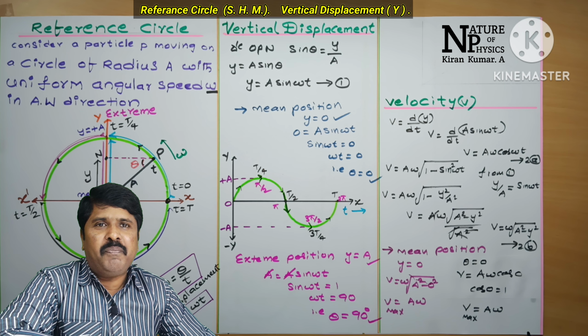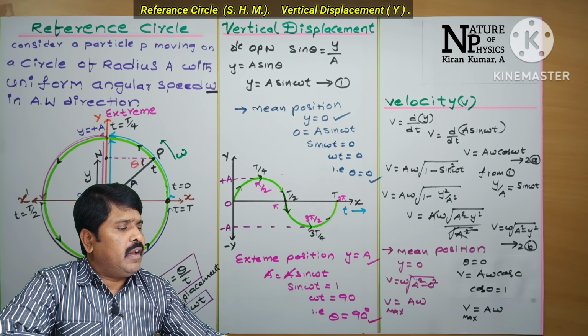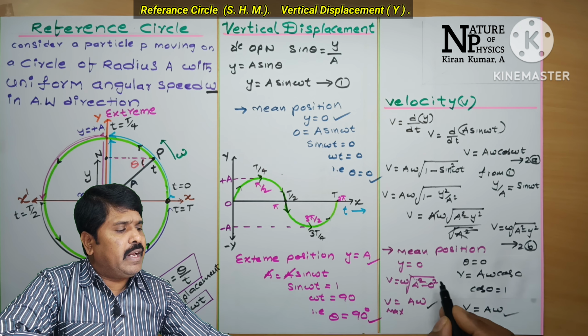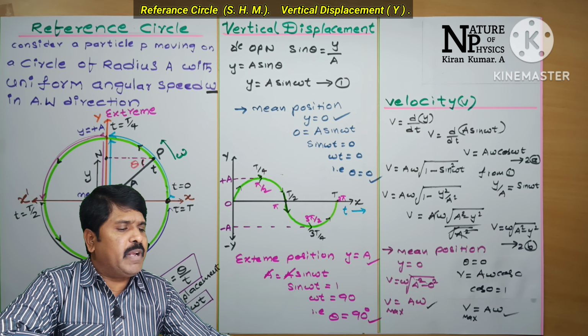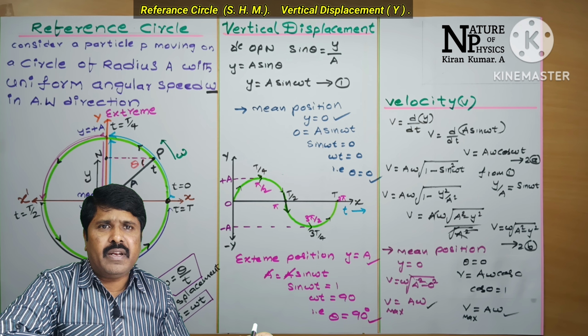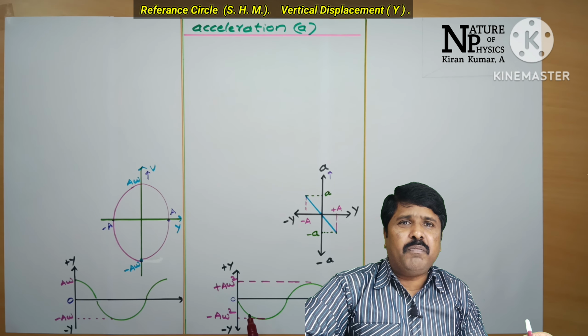Velocity is maximum at the mean position. See, velocity is maximum at the mean position in both conditions. One is taken as linear displacement and another as angular displacement. Theta is equal to omega t, clearly given. Yes, now we have the velocity at the mean position.